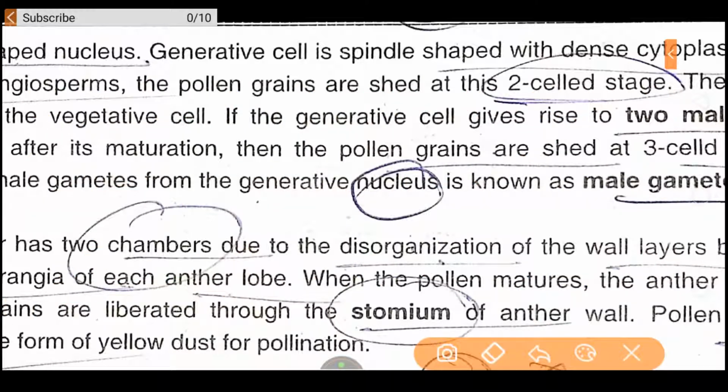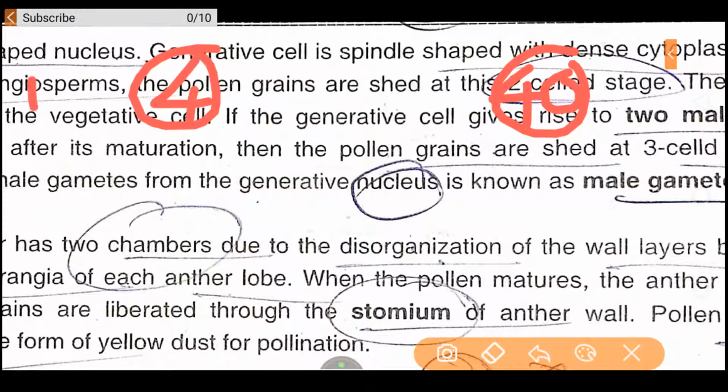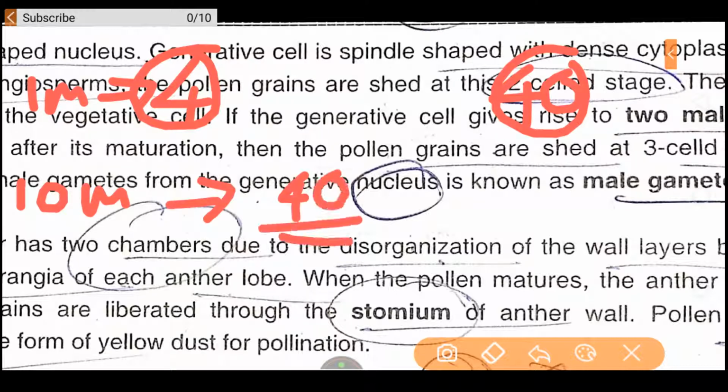What should you do? 40 pollen grains are produced. You know that through one meiosis you get 4 pollen grains. One meiosis produces 4 pollen grains. Then 10 meiosis will form 40 pollen grains. So 10.